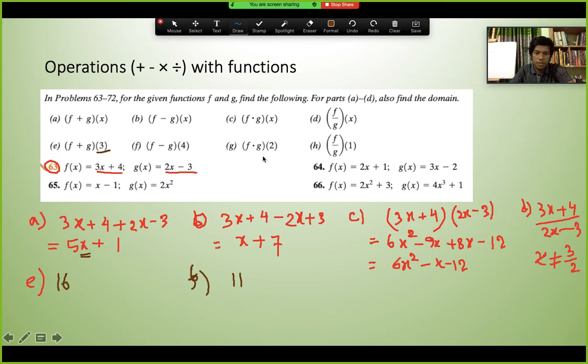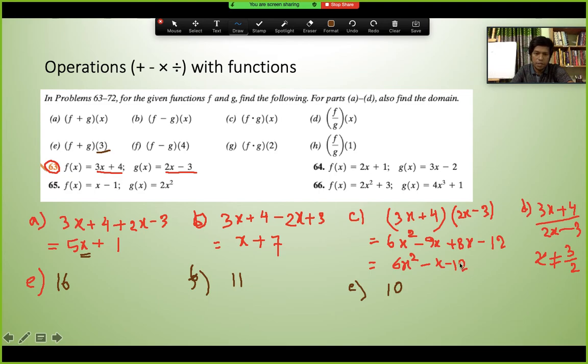And then this is f into g of 2. So we have to put 2 here. If we put 2 here, 2 squared means 4. 4 into 6 means 24. 24 minus 14 equals 10.